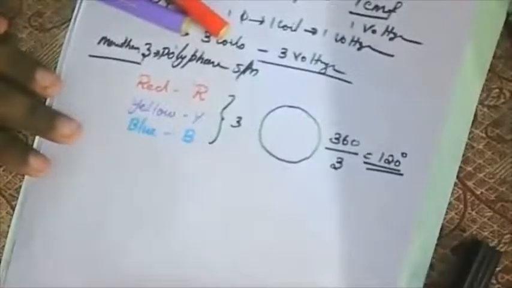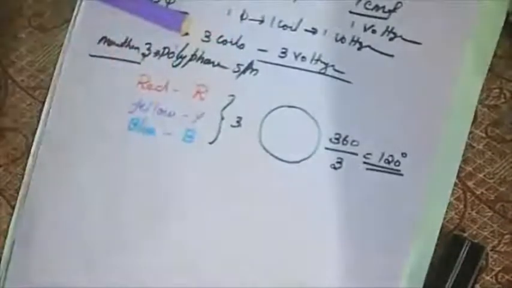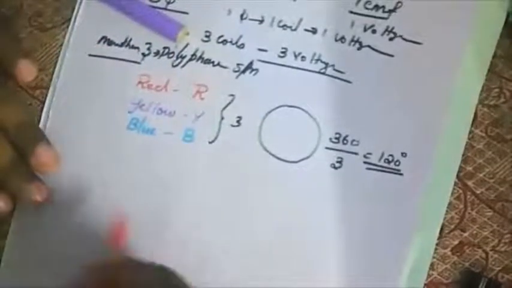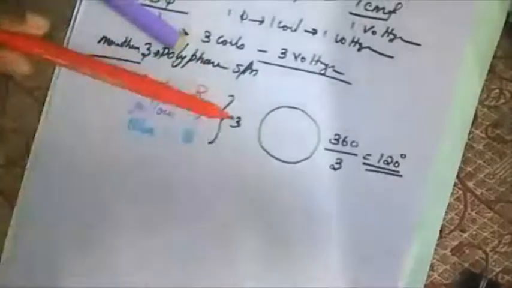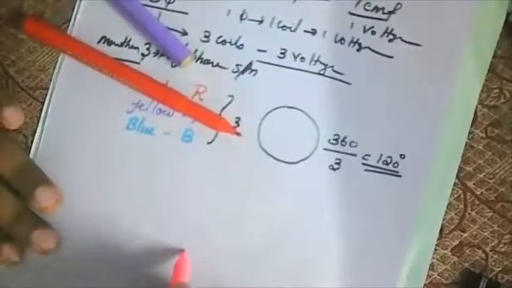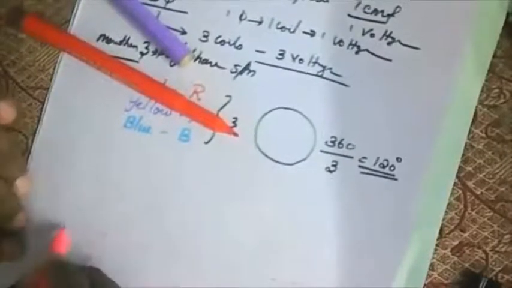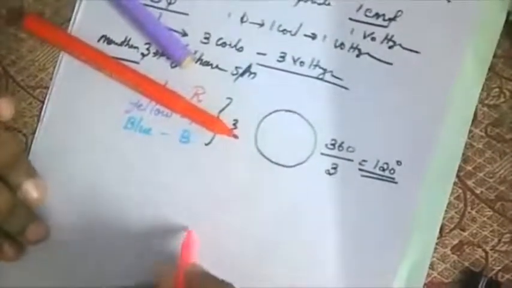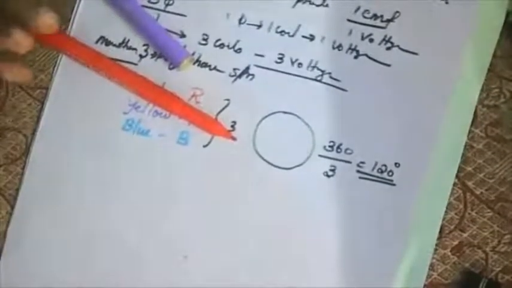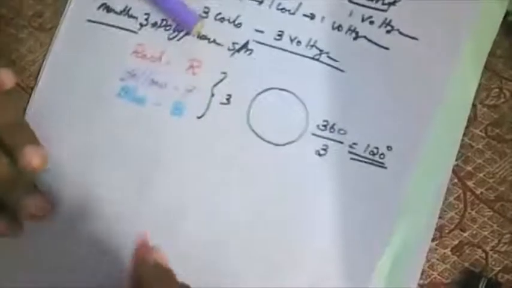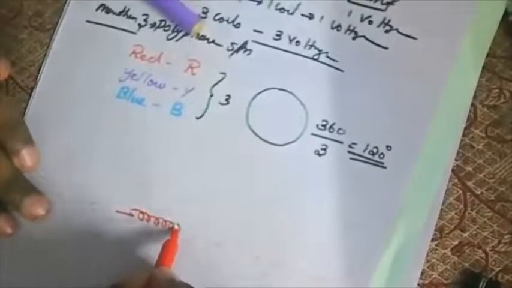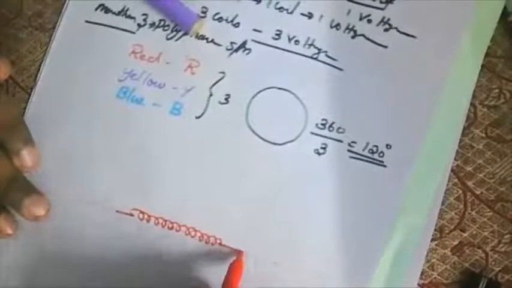Assume I have my first coil, and I am going to draw it. This will be my x-axis and this will be my y-axis. Then R is kept along the x-axis, that is, at 0 degrees.